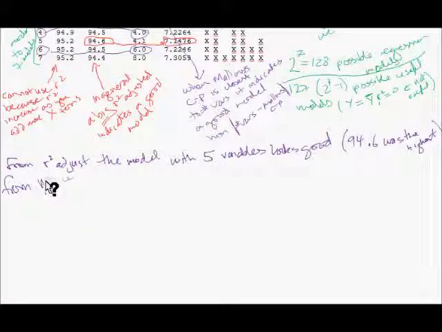From Mallows Cp, pretty ugly Mallows. The models with 4 and 6 variables looked good.